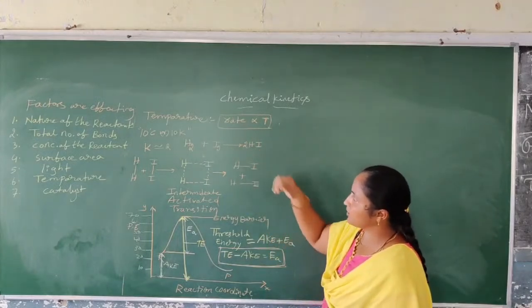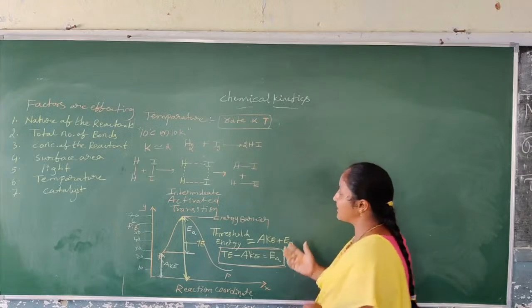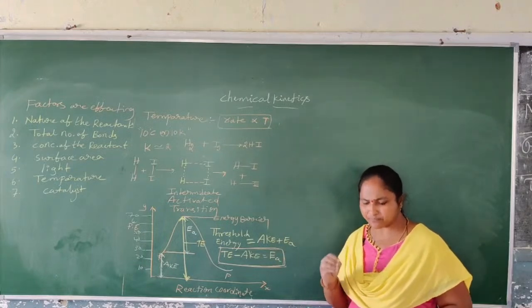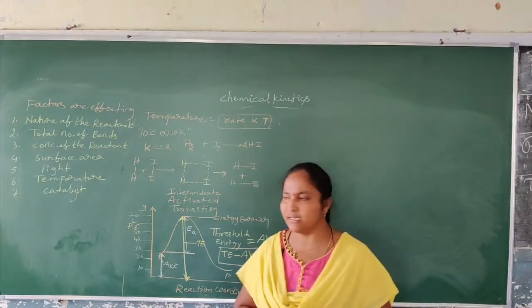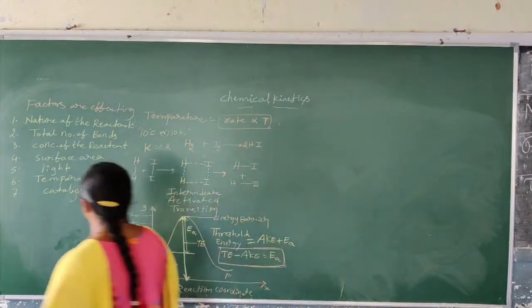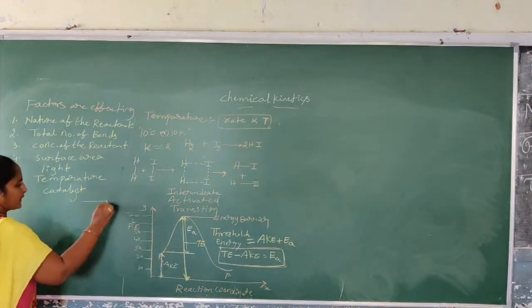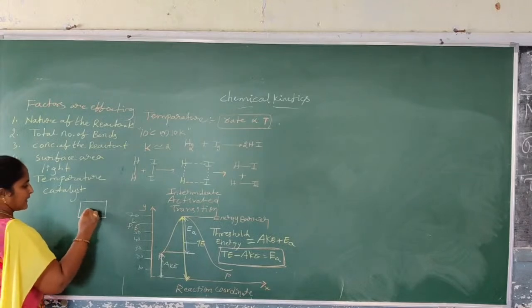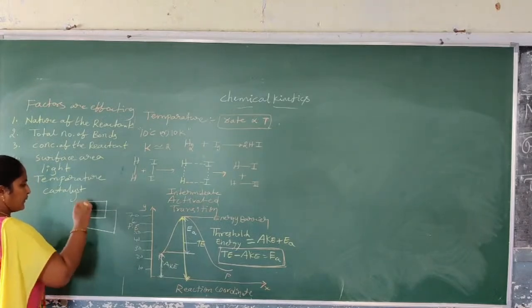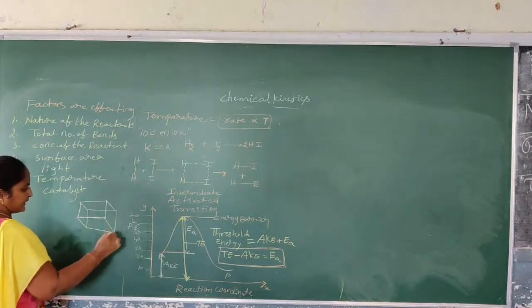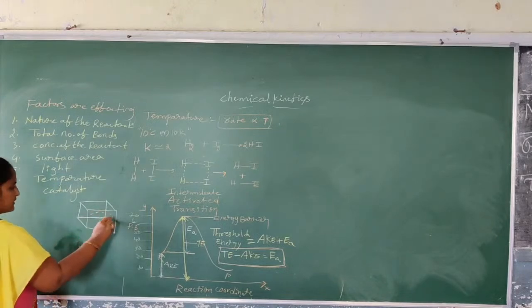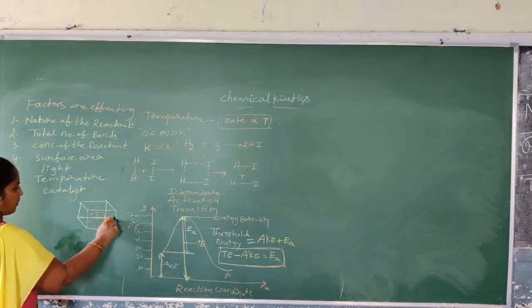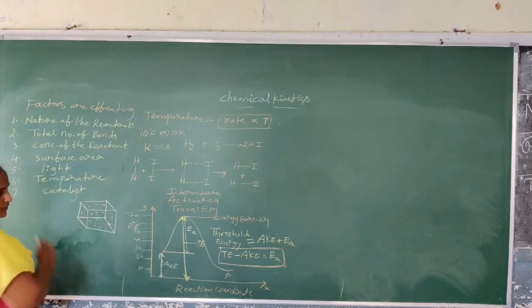But we are here discussing the temperature now. How the temperature affects the reaction, next we have to discuss. Before going to that, for example, we are taking a sample in a cubic. This is a cubic. Here we are taking a sample containing different types of molecules.